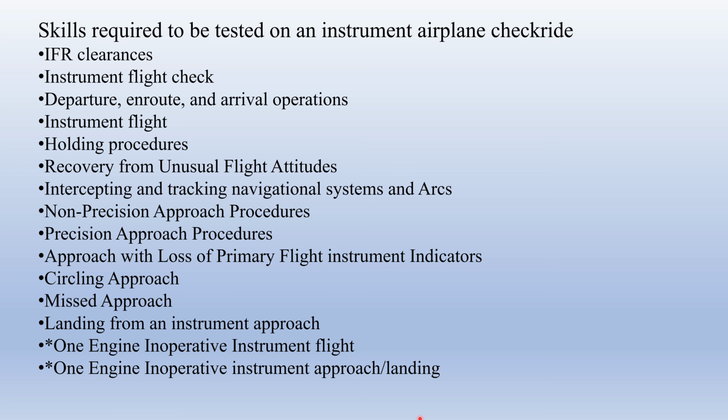Again, most people don't get their instrument rating in a multi-engine airplane. Most people will get the instrument rating and then get the multi-engine add-on or get the multi-engine rating after that. And if you are instrument rated, to have instrument privileges on your multi-engine certificate, you will have to demonstrate one instrument approach with one engine inoperative.